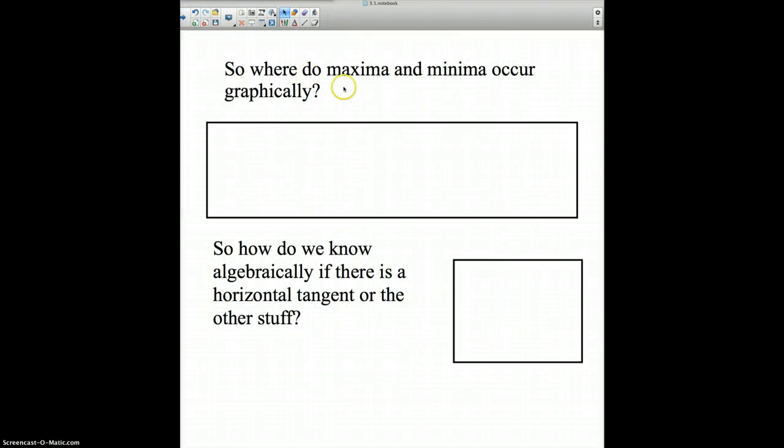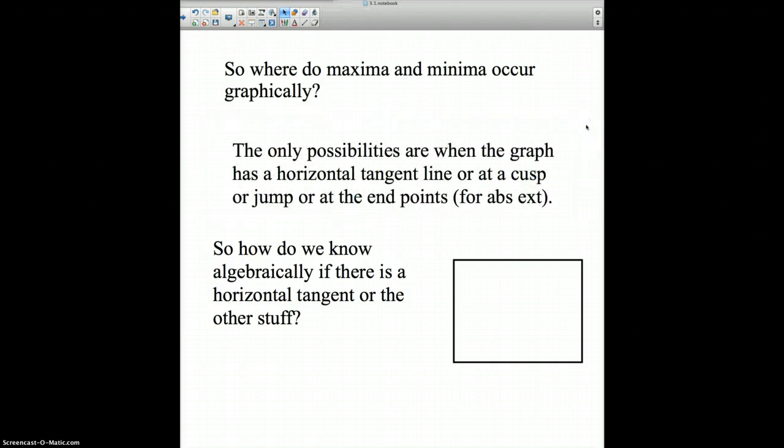All right, so where do maxima and minima occur on a graph? The only possibilities are when the graph has a horizontal tangent line, or at a cusp, remember that's a sharp turn, or a jump, because that could be a highest or lowest point, or at the endpoints for absolute extrema.